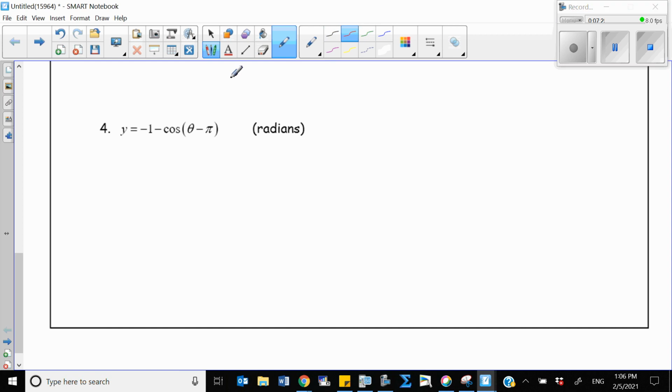Okay, now let's work on question number 4. Looking at this function, y equals c plus a cosine of b times theta minus d, I can say c is -1.